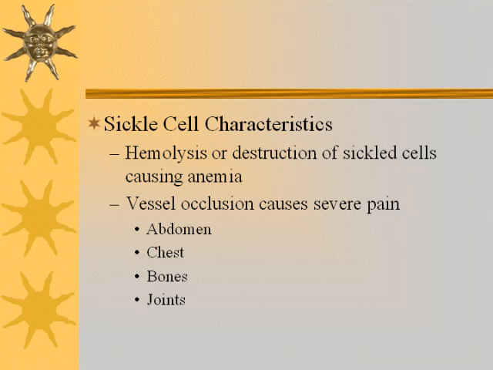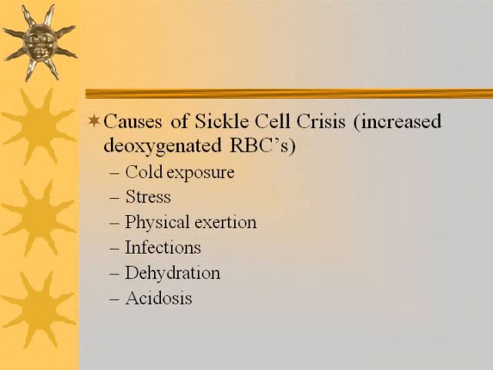During a sickle cell crisis, these patients will have very bad pain wherever those sickle-shaped red blood cells have accumulated. It can be in the abdomen, the chest, the lower extremities, the joints. Most of the time, patients who have crises will have those occlusions in the same places over and over again.